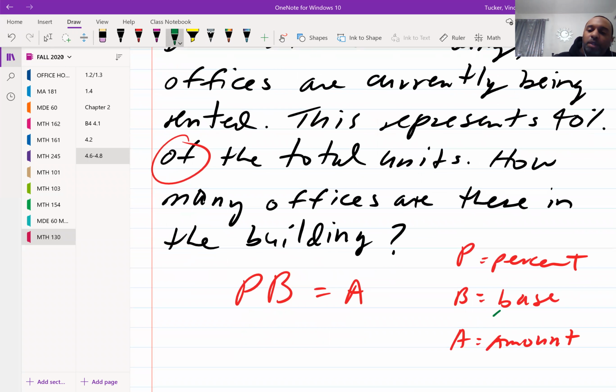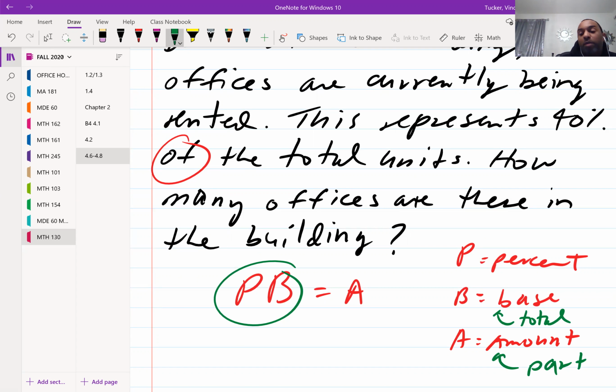Also, another word for base is your total. Another word for amount is the part. So as far as this relationship goes, your percentage is always being multiplied times the total or the base in order to figure out the part that's associated with that percentage.